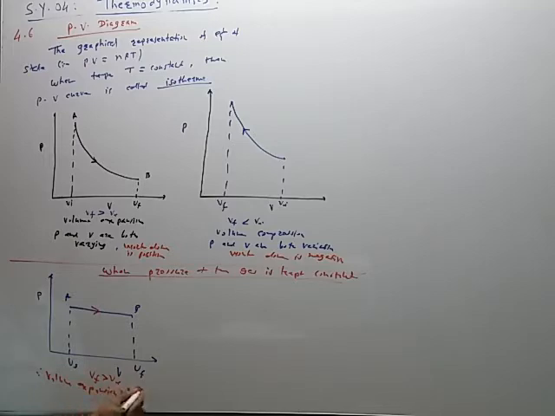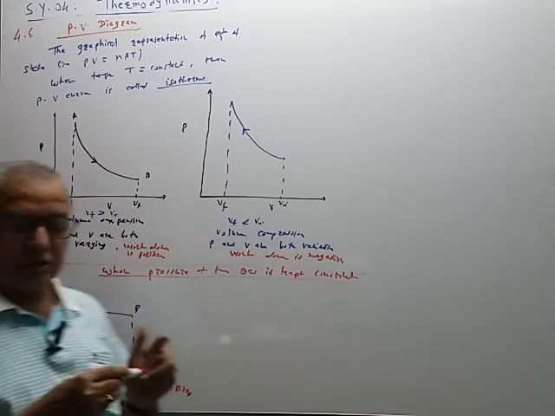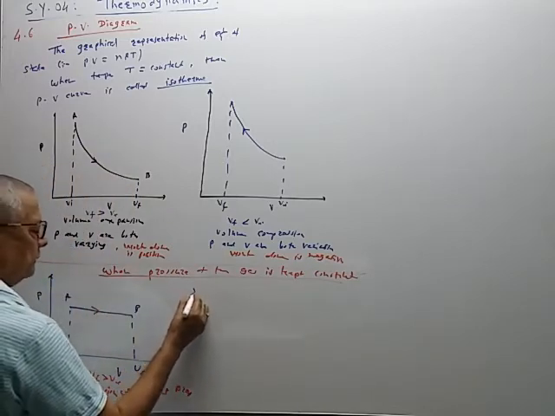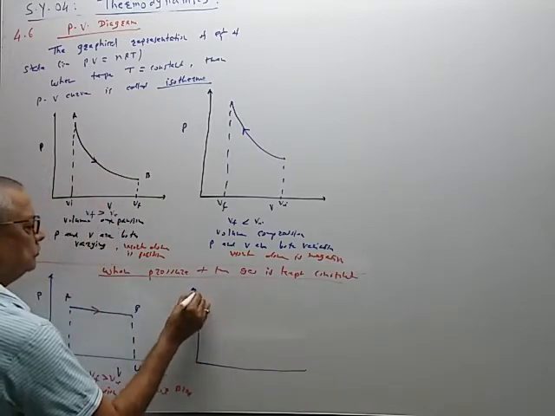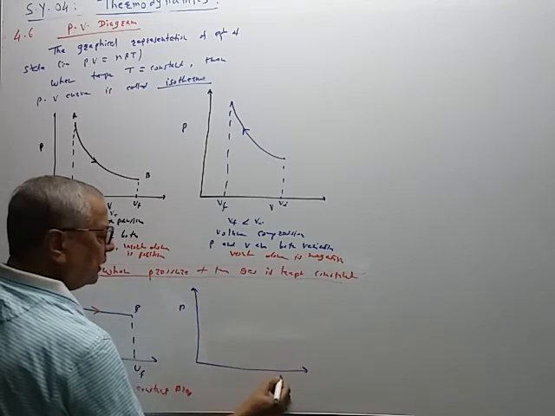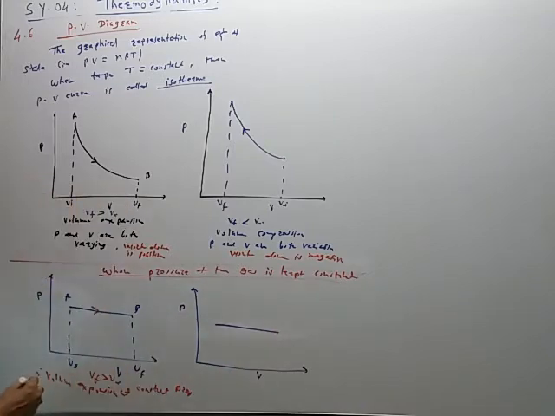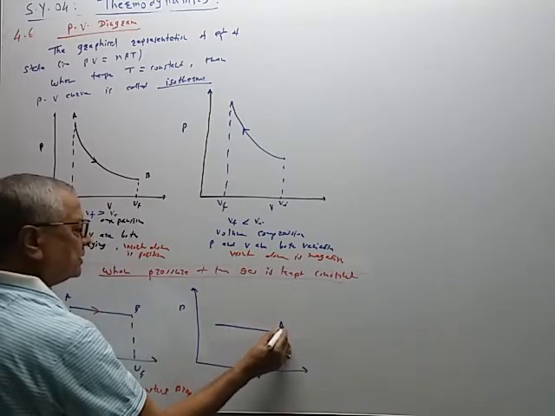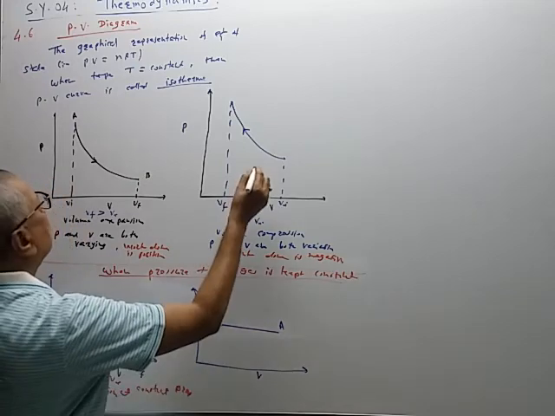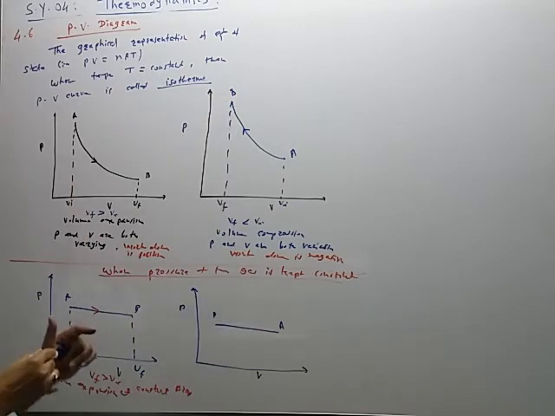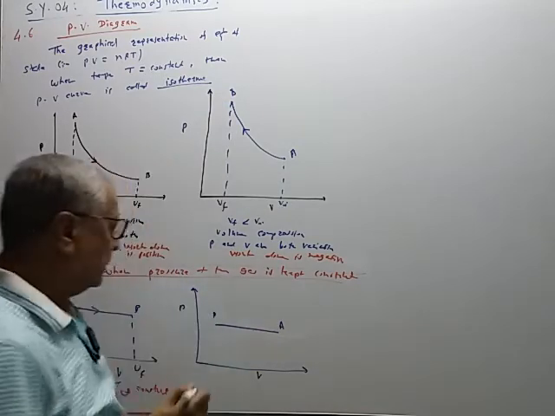Volume expansion at constant pressure. P against V. Again, the graph is parallel to the volume axis. So pressure is kept constant. Initial state is A, final state is B. And now the volume change takes place like this.